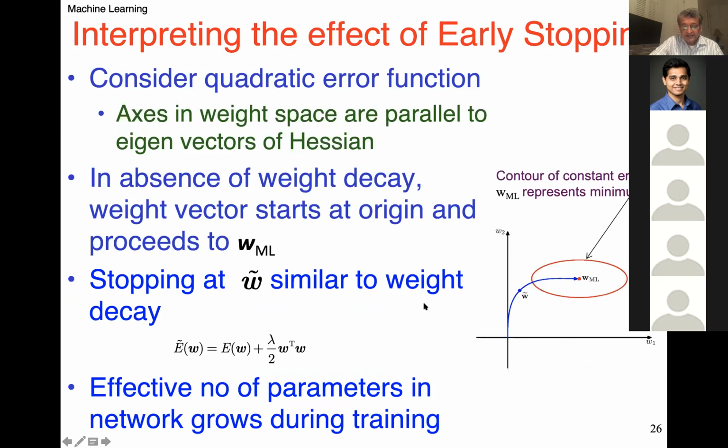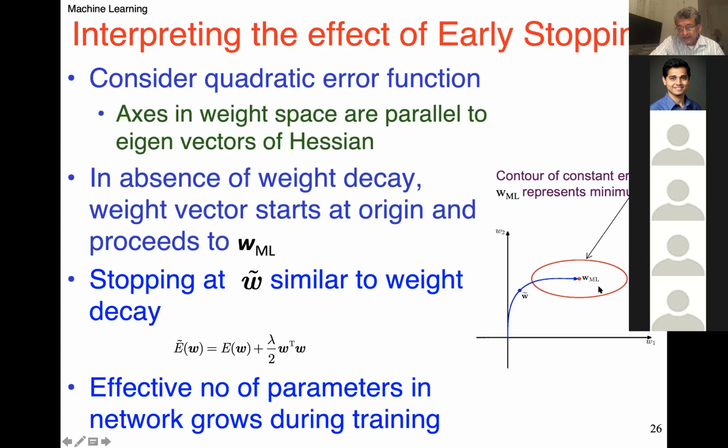And we can interpret early stopping as what's happening in weight space. This is W1, W2 weight space. And this red ellipse is a contour of constant density of your loss function. The loss function can be thought of as imposed on this plane here.